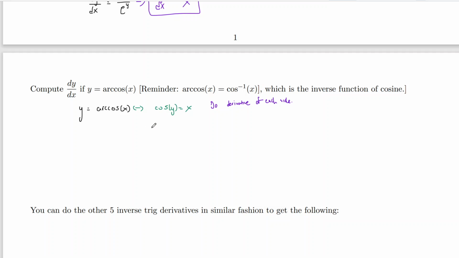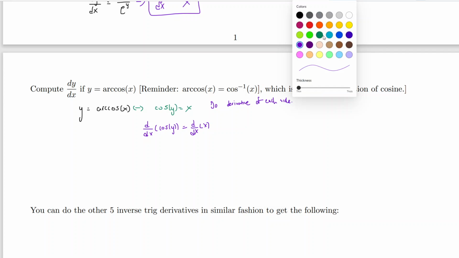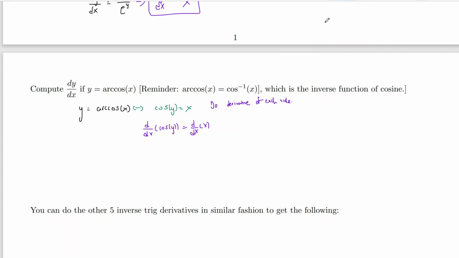So that's why we can do the derivative of each part. We do d over dx of cosine of y equals d over dx of x. And once again, the right side is just 1. The d over dx of x is 1.